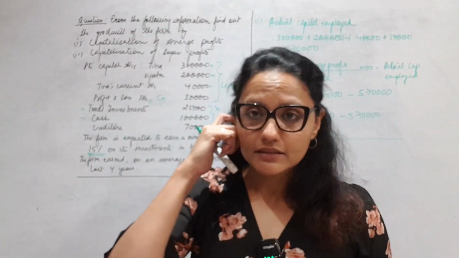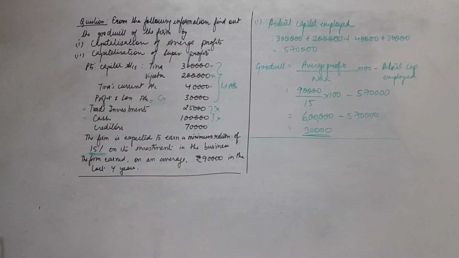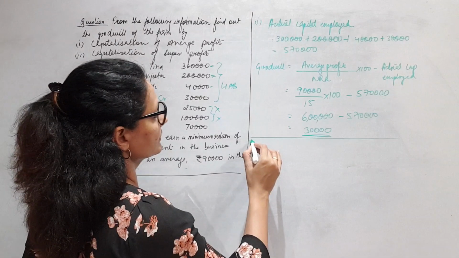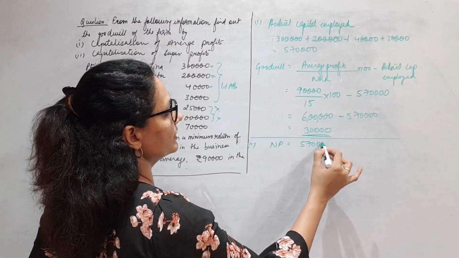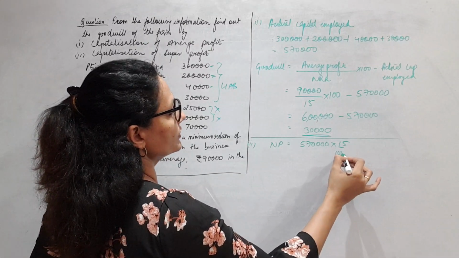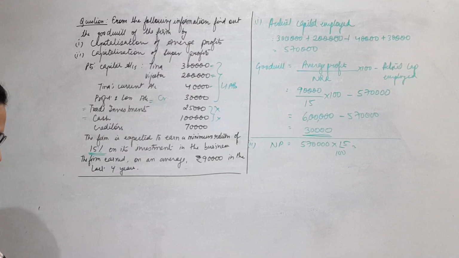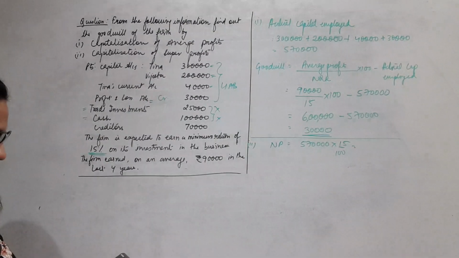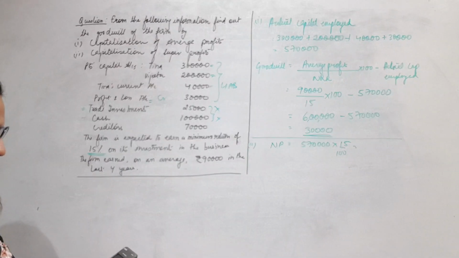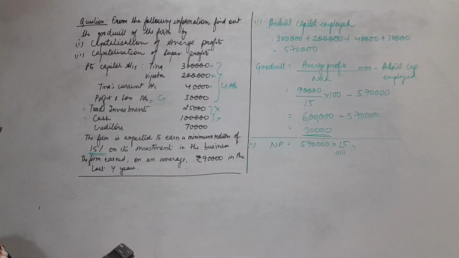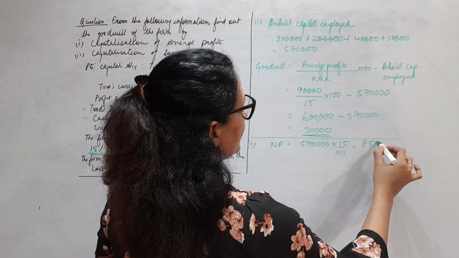Got that? Fine. Next one is capitalization of super profit. So first thing I need is my normal profit. Normal profit is actual capital employed into the normal rate of return by 100. So that will give you 5,70,000 into 15 divide by 100. 85,500.